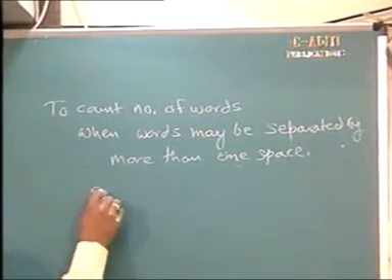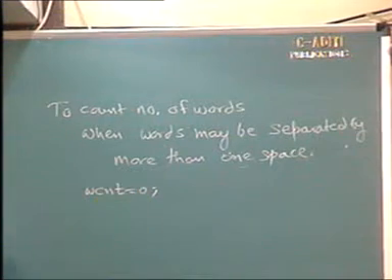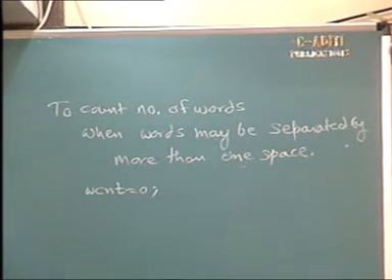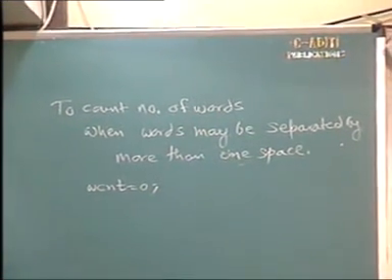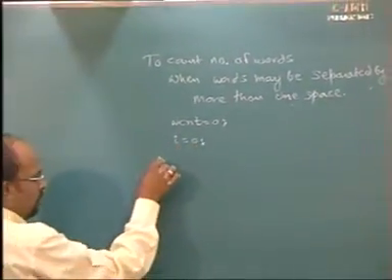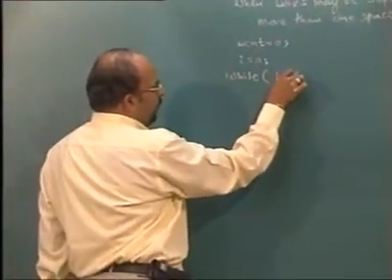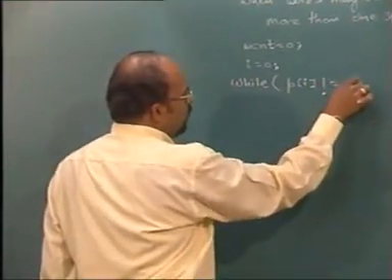So I am setting WCNT, the word counter, to 0. Just another variable, I equal to 0. While P of I is not equal to \0.